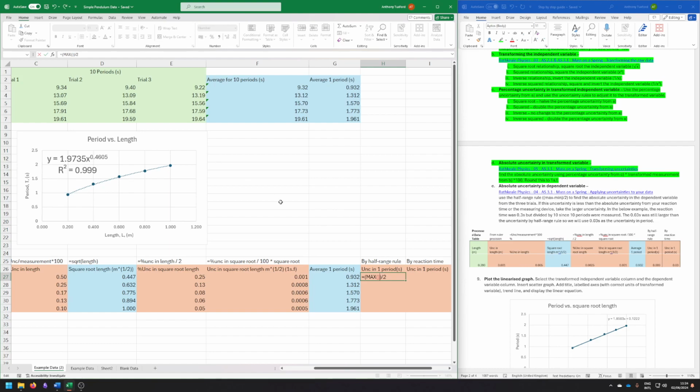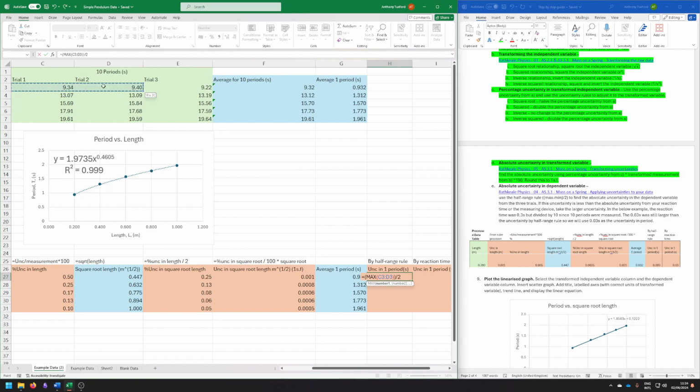However, max is a function, so it takes an input, and that input is these 3 cells. So it'll find the maximum between these 3 values, and then we subtract the minimum. Again, click, drag to select those 3 values, close the bracket, and here we have it. So equals, open bracket, maximum of those cells, take away minimum, close bracket, all divided by 2.